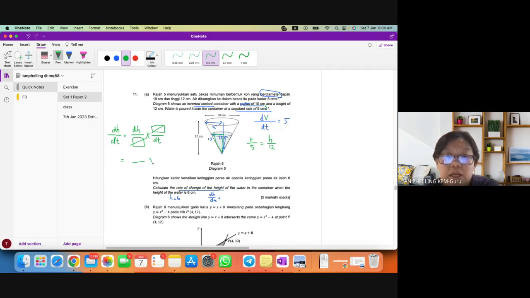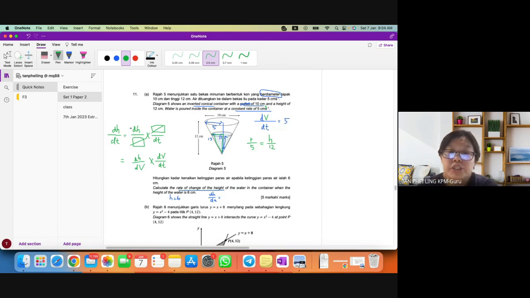So I have this first quantity here, which is my dv dt, because it's given over here, dv dt is 5. Then it's also quite clear that I should be finding dh over dv, which means from the volume I want my dh. Is that clear? I repeat.